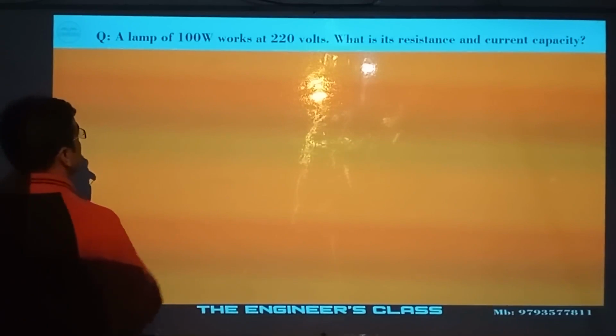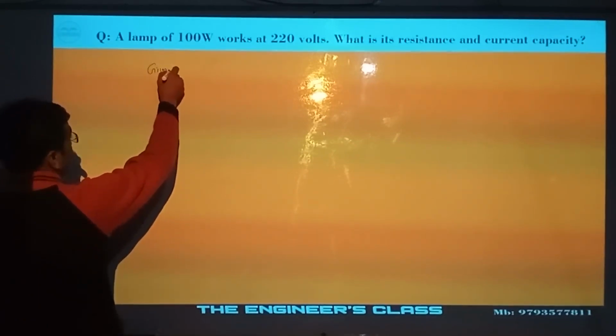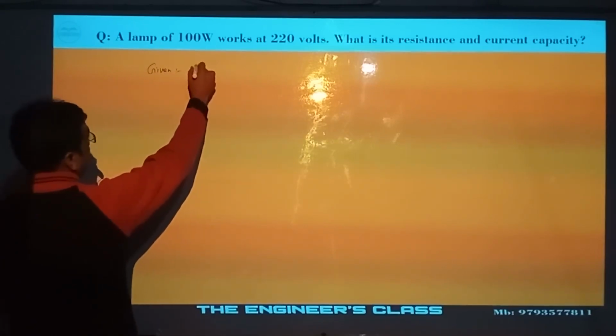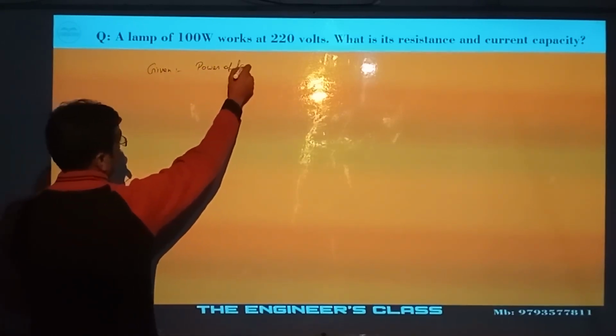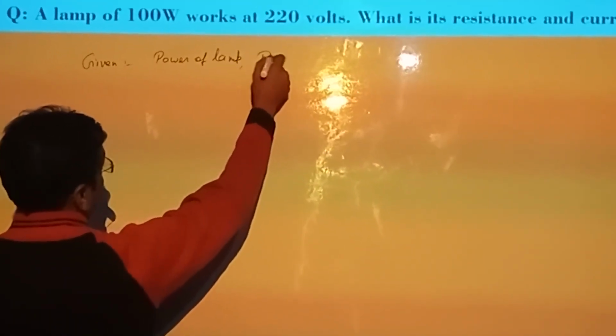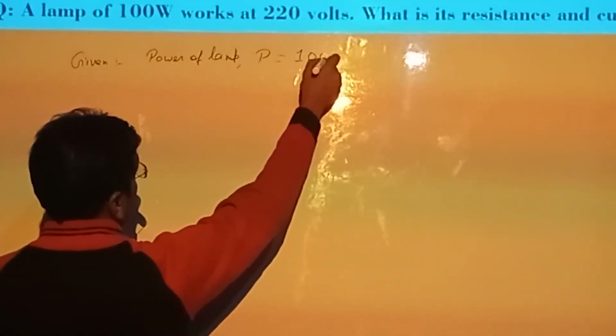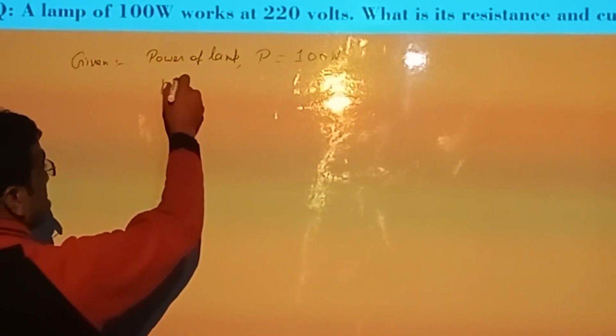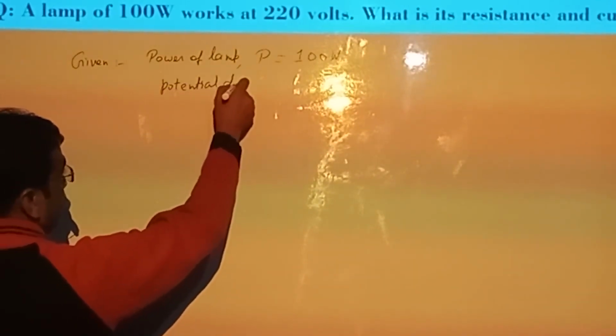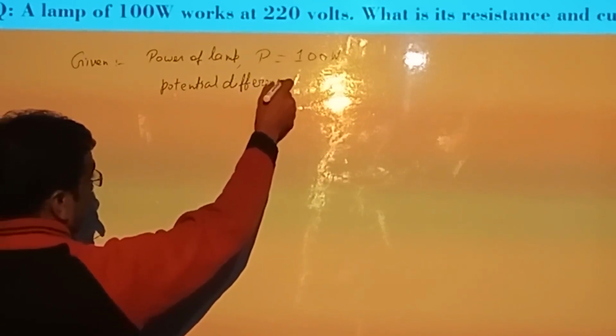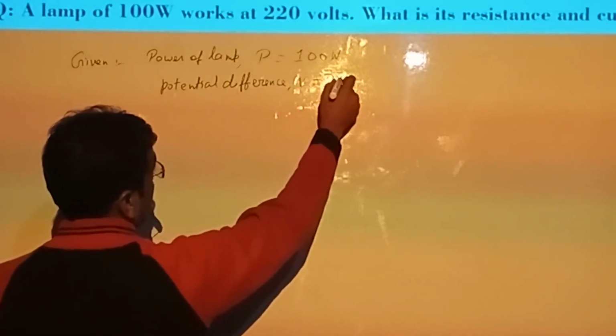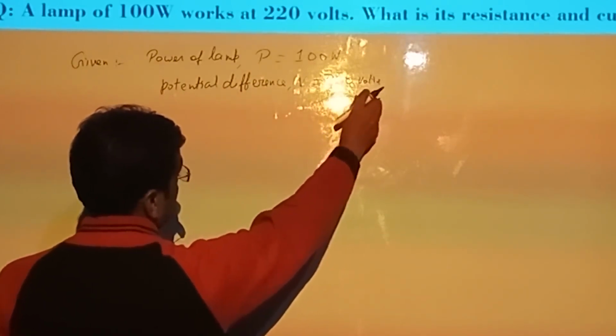From the question, the power of the lamp is P equal to 100 watts, and the lamp is working on potential difference V equal to 220 volts. We have to find the resistance and current.